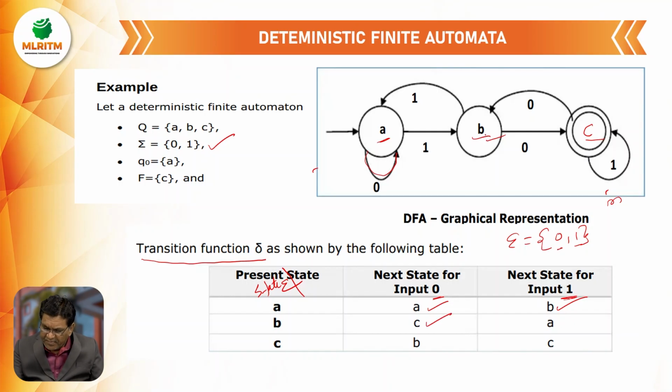B with 1 moves to A. And now C, which is the final state. C with 0 goes to B, so that's why B is written. C with 1 goes to itself only, so that's why C is written. This is the transition table for DFA.